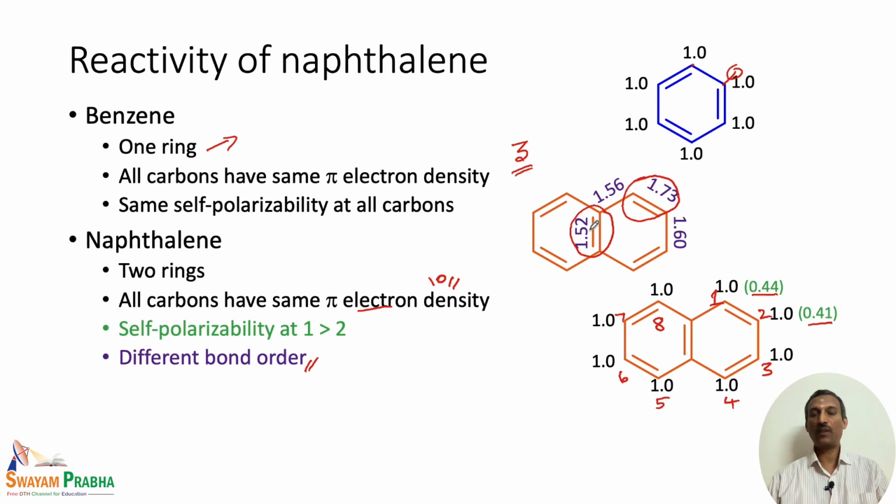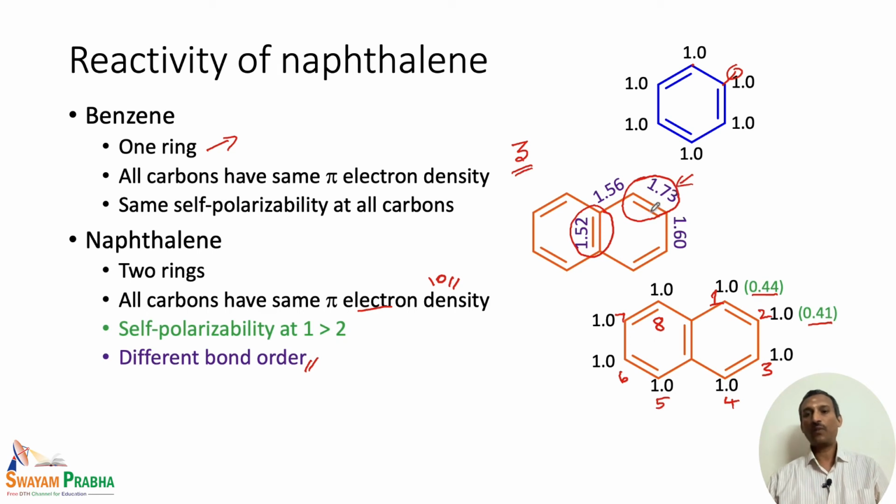This is the symmetrical structure we are writing for the naphthalene molecule. We also have two unsymmetrical structures. In both the unsymmetrical structures, this particular bond does not have double bond character. That is the reason this ring junction has the lowest double bond character compared to all the other bonds, and this particular bond has more double bond character.